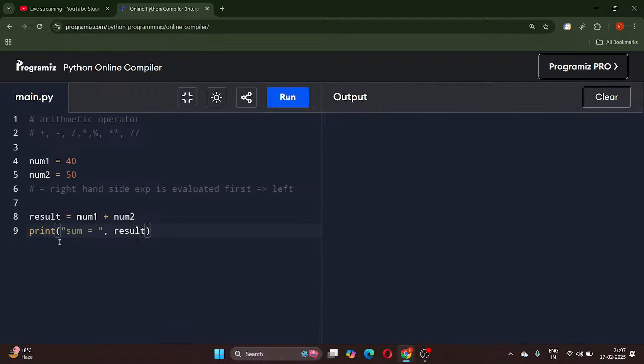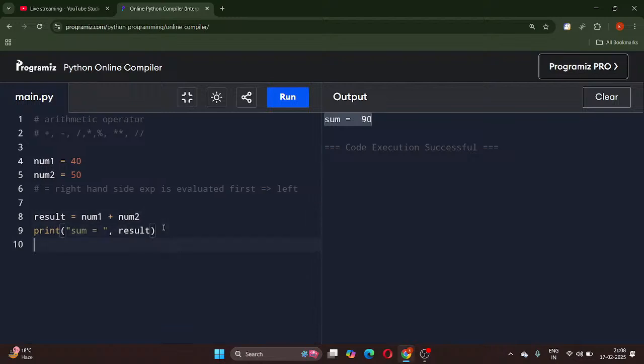Here we are first printing a message, which is just simple text, and afterwards we are printing the result, which contains the addition of number 1 and number 2. This is a simple plus operator. As soon as we run it, we will get the output as 90, which is the addition of 40 and 50. Afterwards, you can also go for some other values.